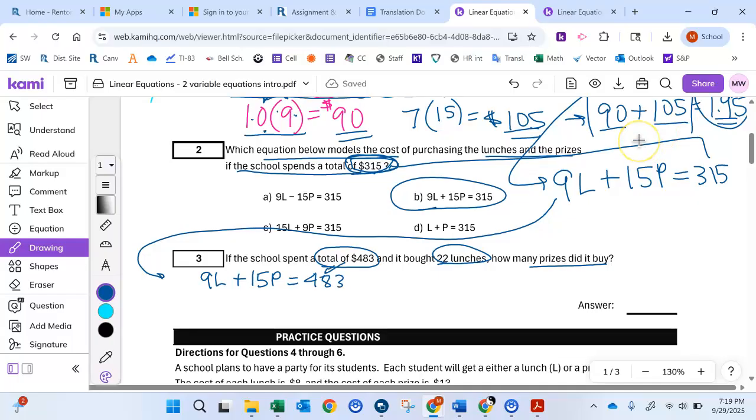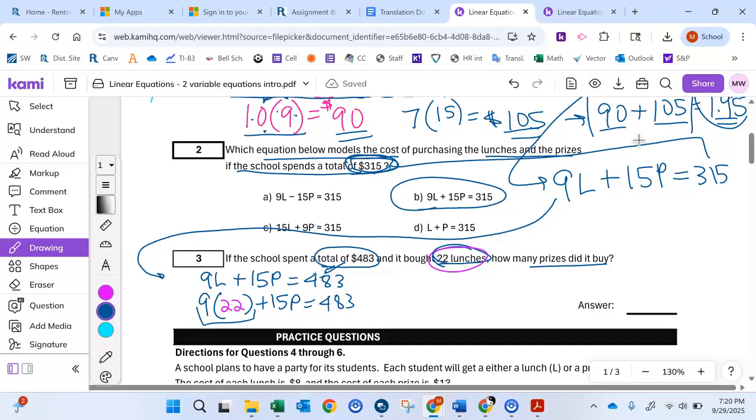But they're telling us there's 22 lunches, right? So I'm going to write here 9 times 22 plus 15p equals 483, okay?